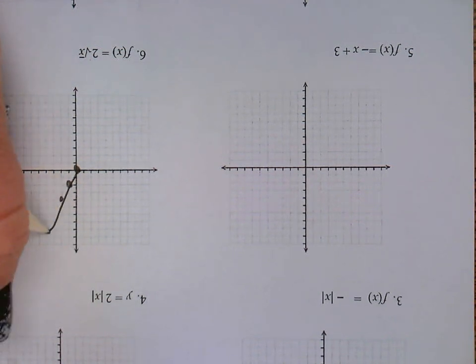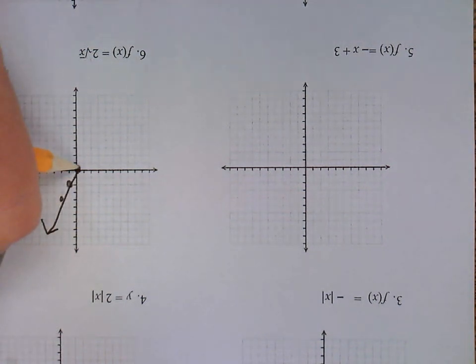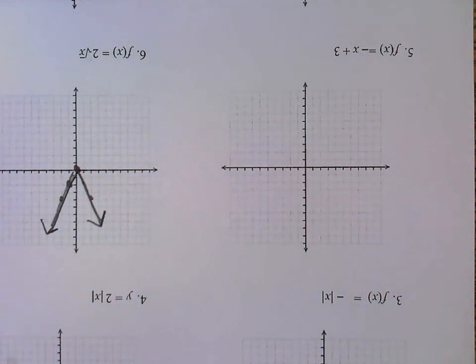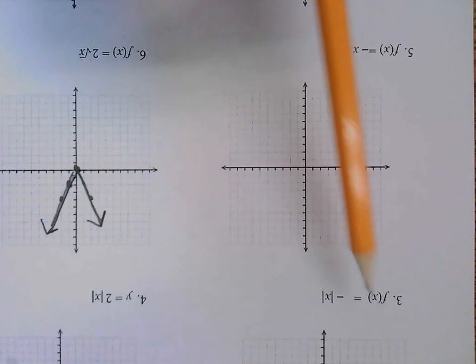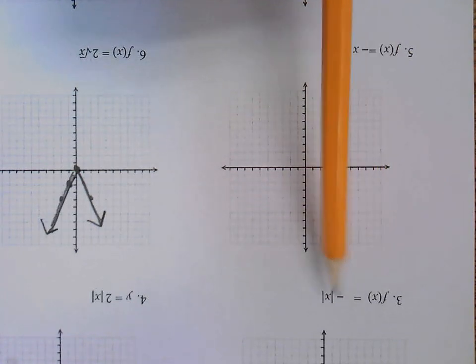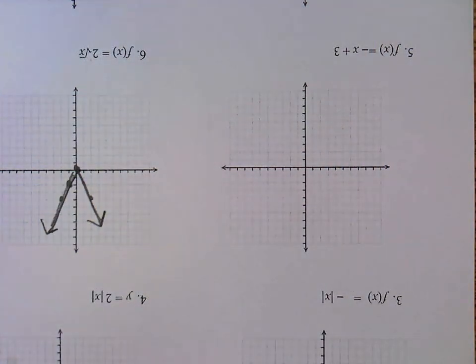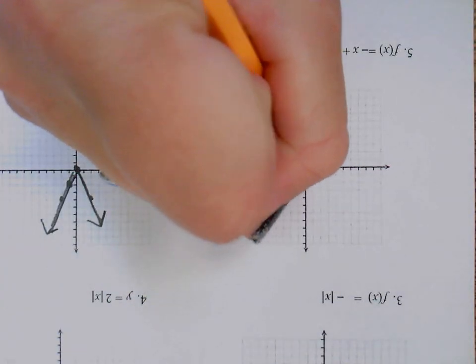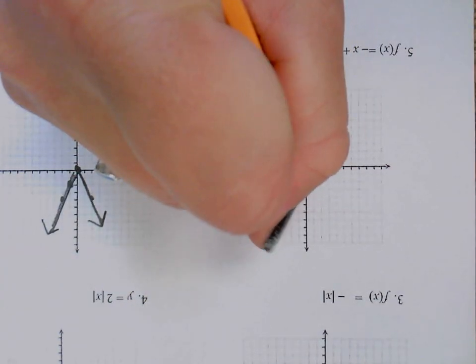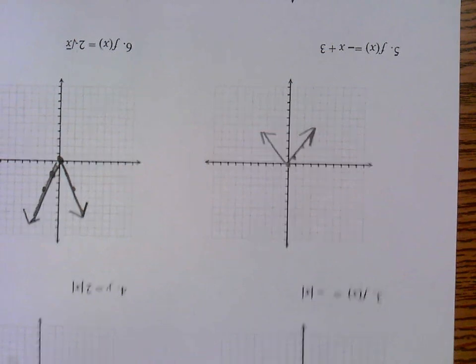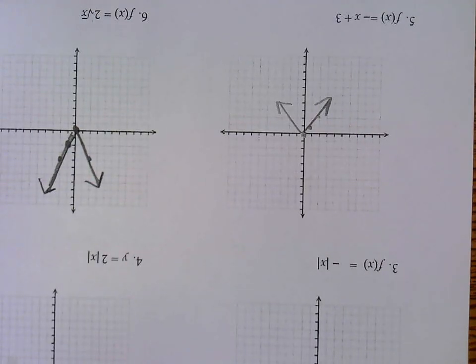So your slope is now 2 in either direction instead of a slope of 1 in either direction, twice as steep. And then number 3, which way did you reflect number 3? Should have been upside down, right? Absolute value shifted upside down. That one looked good.